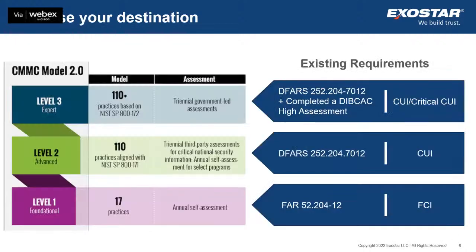So what I said we talk about first is, how do I choose that destination? How do I decide what level I need to be? I think the best way to do this is to look at what you're doing today, what contracts you currently are fulfilling.